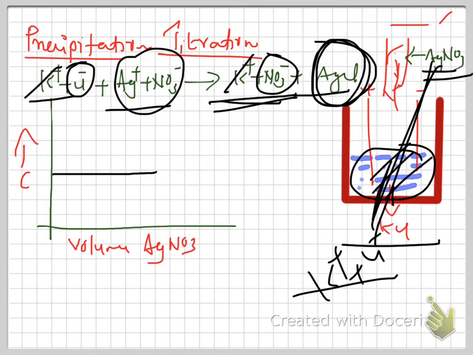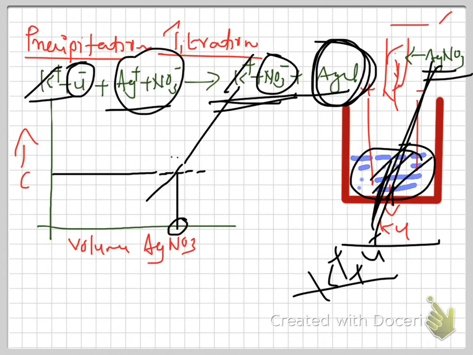Once again, when AgNO3 is added to the solution after the endpoint, the concentration of NO3- rapidly increases due to the dissociation of AgNO3. Because of the increase in NO3- concentration, conductance quickly increases. Here also you have two lines with different slopes. You have to extrapolate the lines and you will get the endpoint here.